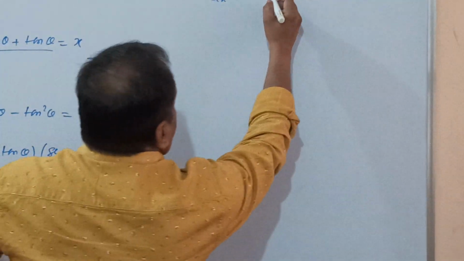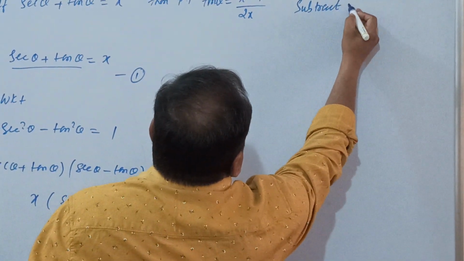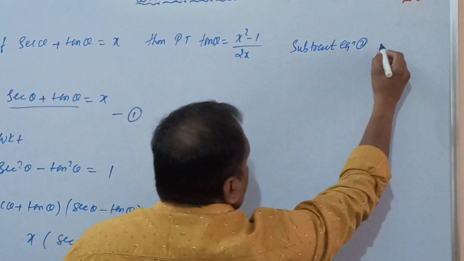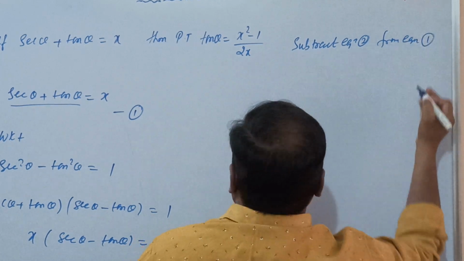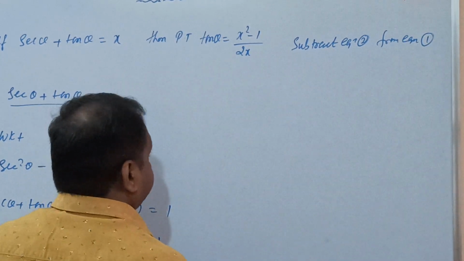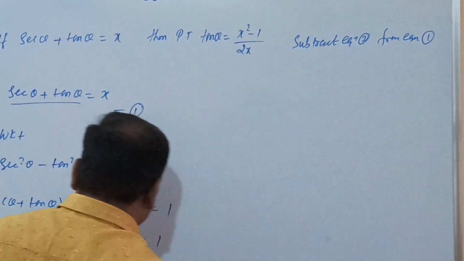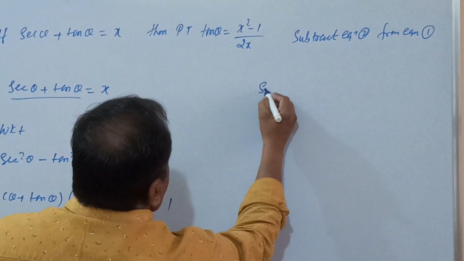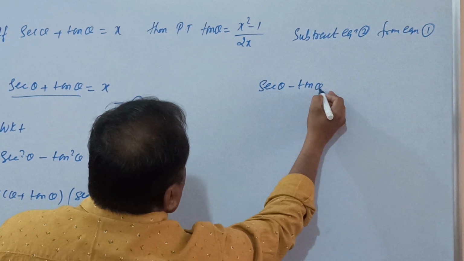So subtract equation 2 from equation 1. First on the LHS I will write equation 1, which is sec theta plus tan theta, then take the minus, (sec theta minus tan theta).